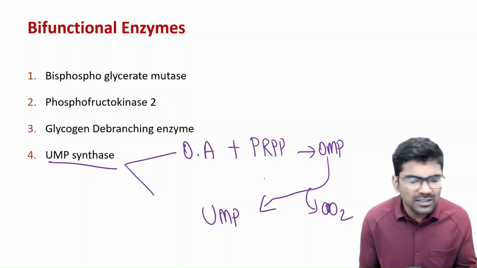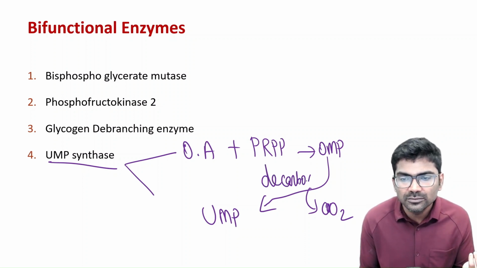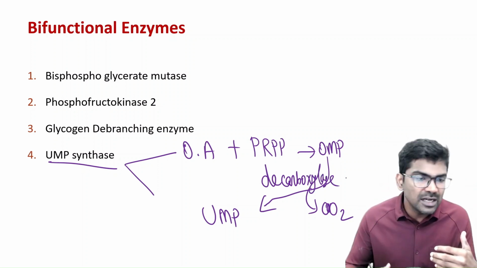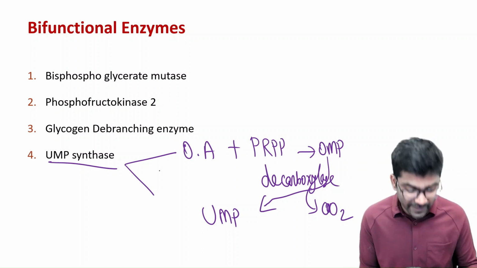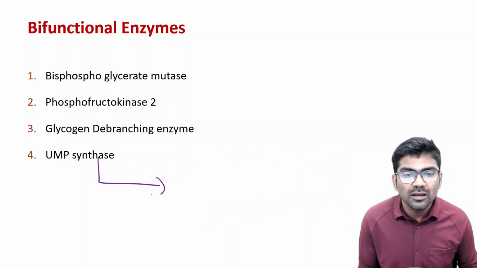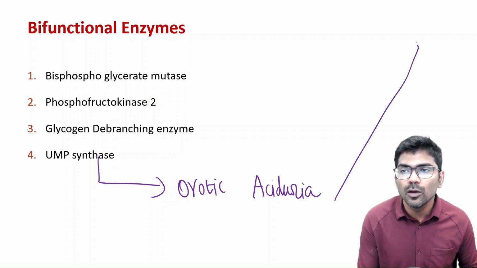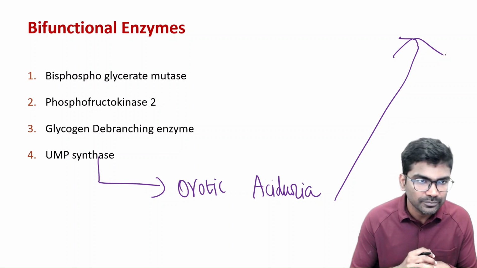So that activity is very easy. OMP decarboxylase activity, right? So phosphoribosyl transferase activity and decarboxylase activity. So these are the two activities. Defect in UMP synthase leads to orotic aciduria. There is a separate video on orotic aciduria, which you can watch later.